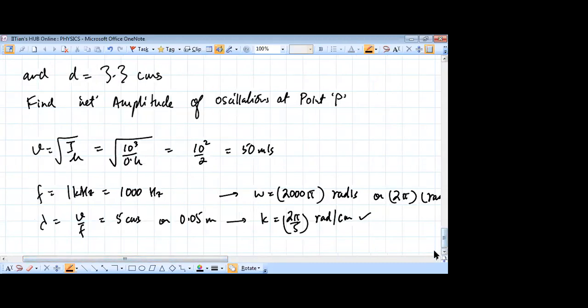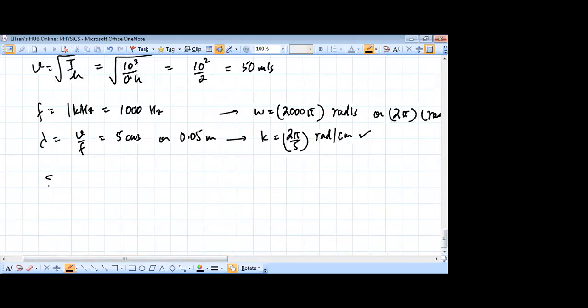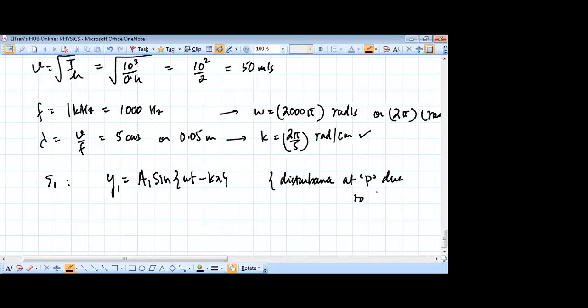So now you can see that your source S1, this one's equation will become E1 sine omega t minus kx. This is the disturbance at the point P due to S1.